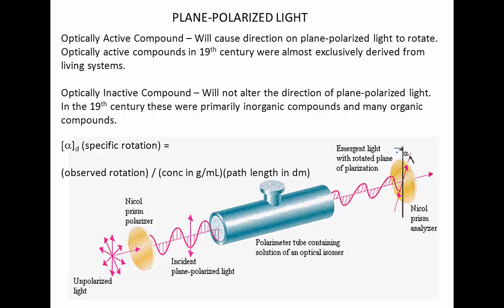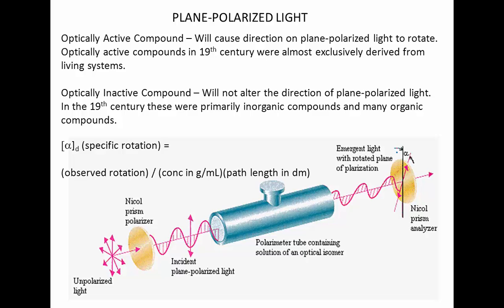If it caused the polarized light direction to change, it would be considered optically active, and the optically active compounds were all exclusively derived from living systems. The optically inactive compounds don't cause any sort of rotation in the orientation of the plane, and these were mostly inorganic compounds, and actually a lot of organic compounds too were optically inactive.